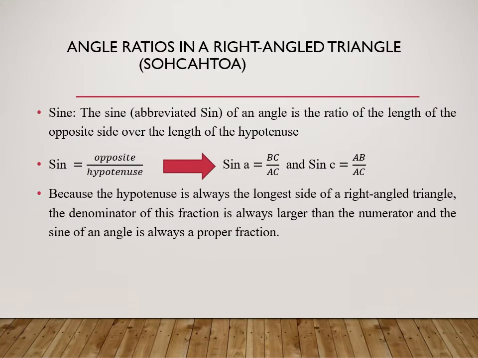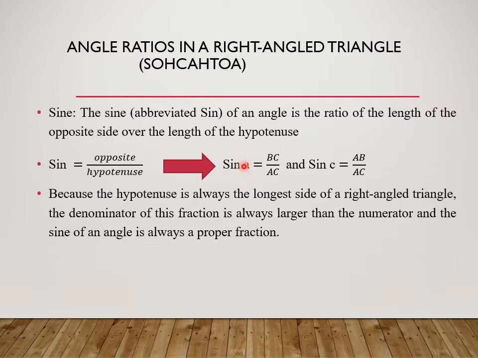We go to the angle ratios in the right angle triangle, and the first is the sine. The sine, abbreviated SIN, of an angle is the ratio of the length of the opposite side over the length of the hypotenuse. So sine equals opposite over hypotenuse.